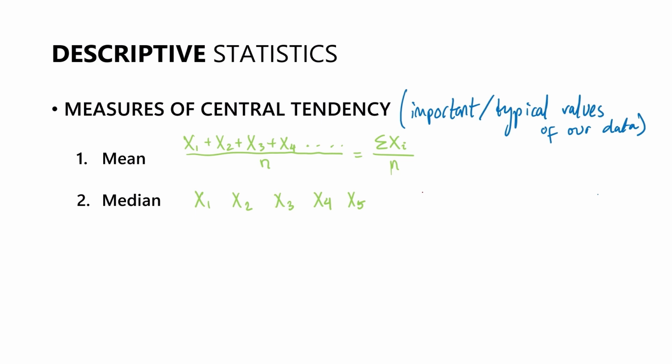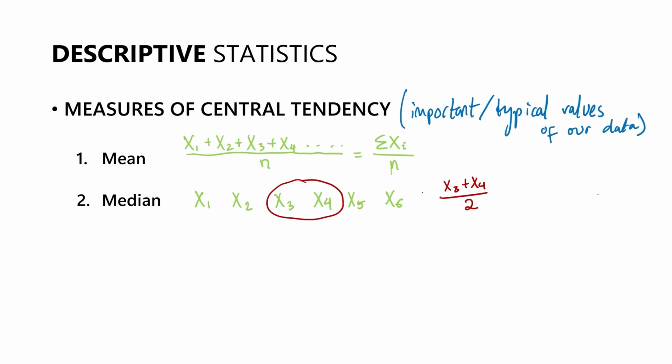However, if it is even, let's say we have 6 values, then the median would be the average of the two middle numbers, which would be x3 and x4. So the median would be equal to (x3 + x4) / 2, which is just the average of these two numbers, x3 and x4.